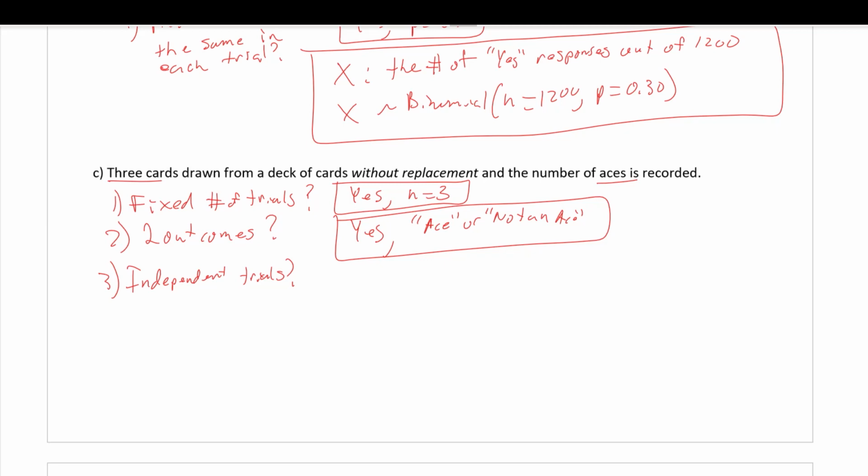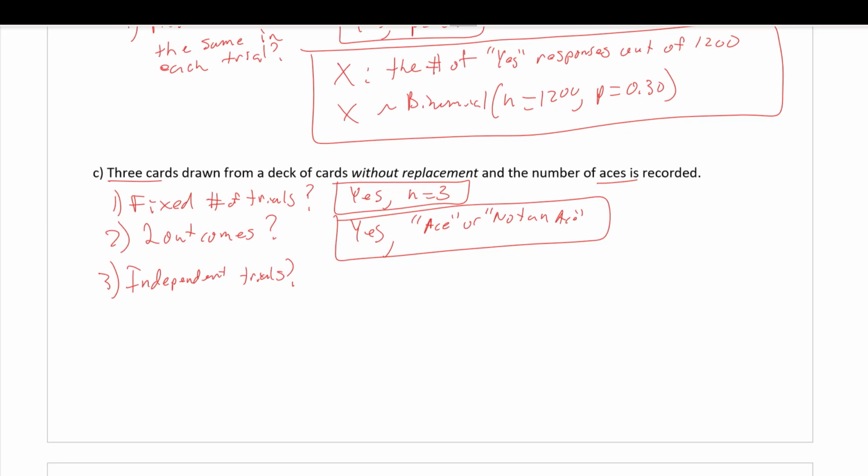Okay, so again, if you have a standard deck of 52 cards, right, and you pull a card out, if you don't replace that card back into the deck, you no longer have 52 cards in that deck for the second succession, right? You have 51. And then again, on the 3rd card, you'll have only 50, right?